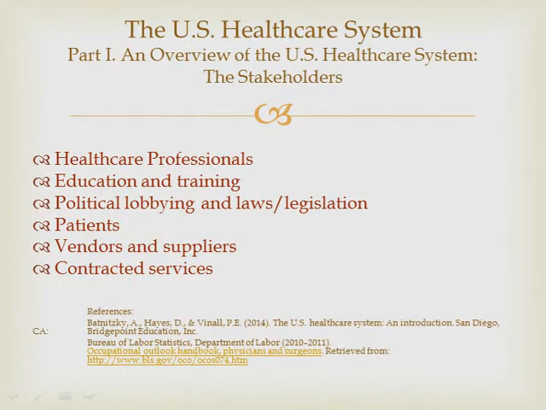There are many different types of stakeholders involved in the United States healthcare system. To name a few: healthcare professionals, universities and colleges, politicians, the patient, medical vendors and medical equipment suppliers, and contracted services.